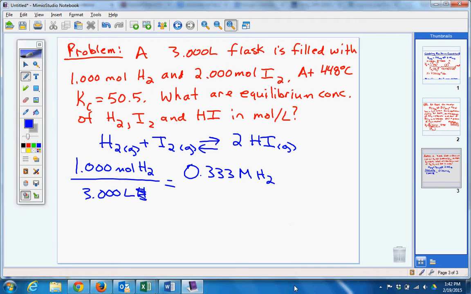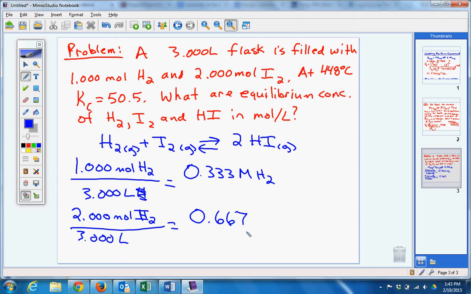All right, so we have that. What do I do next? 2.000 moles divided by 3.000 liters. And what do you get? 0.666. All right, so we have molar I2.